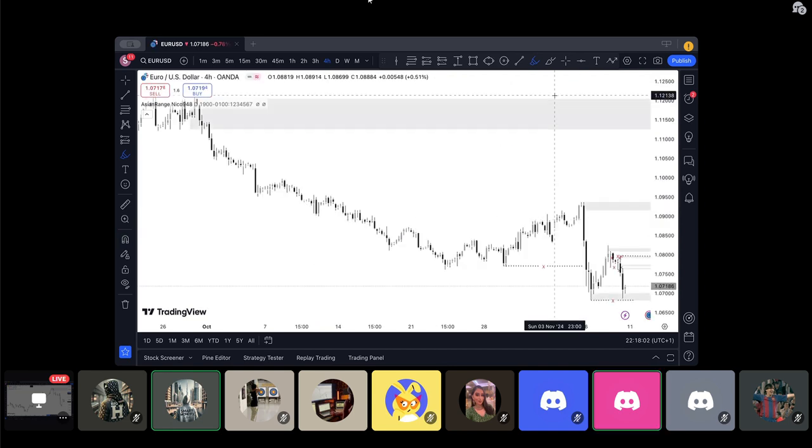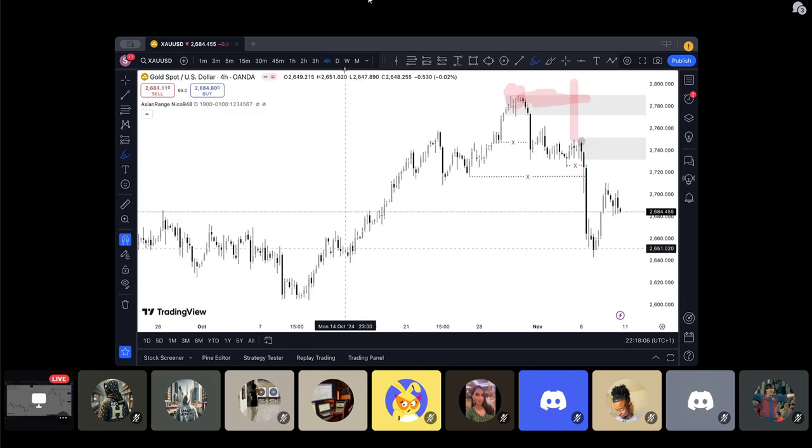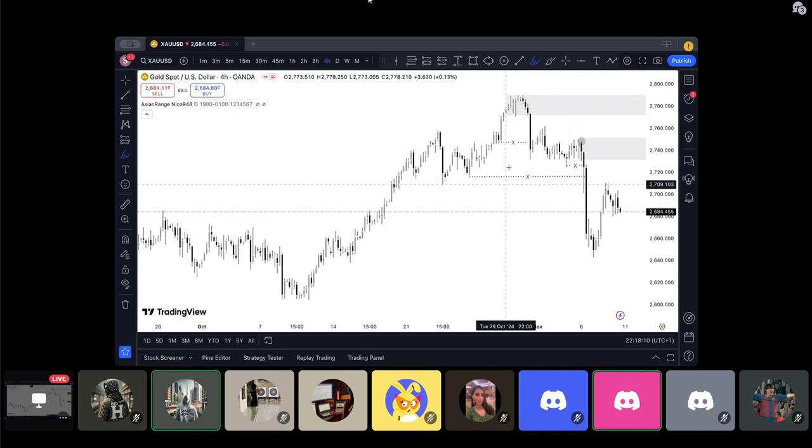From there, as soon as you see that, you have to look for a change of character, and once you see your break of structure, you have to confirm or change your bias to the downtrend, or if it's instead on an uptrend, you have to change your bias on the current change.